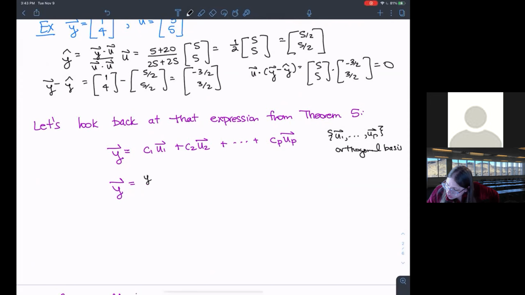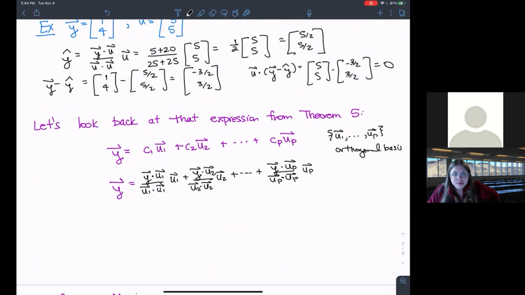We know that this is y dot u1 over u1 dot u1 times u1 plus y dot u2 over u2 dot u2 times u2 up to y dot up over up dot up times up. This should look familiar. These are just projections. So first we're projecting y onto u1, and then we're adding on the projection of y onto u2, up to the projection of y onto u sub p.